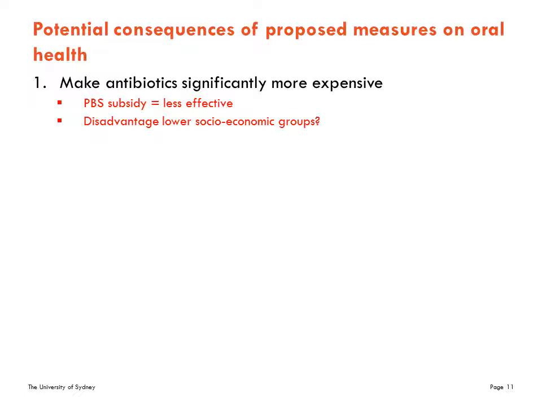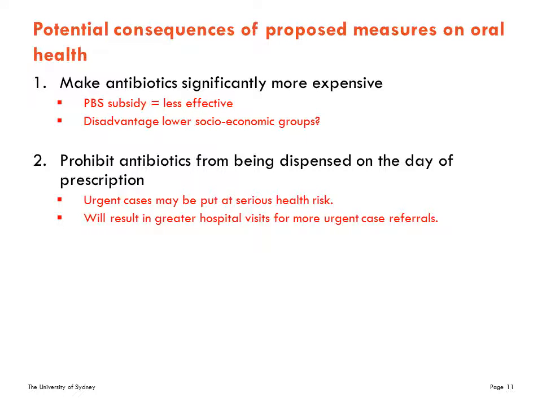In regards to the potential consequences of the proposed measures on oral health care: 1. If we make antibiotics significantly more expensive, this will have minimal effect in dental circles, as a lot of the antibiotics are PBS subsidized. If we increase the co-payment, then this may disadvantage the lower socio-economic groups. 2.